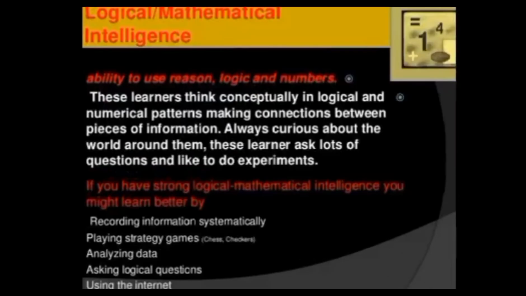Next is logical or mathematical intelligence. Logical or mathematical intelligence is the ability to use reason, logic, and numbers. These learners think conceptually in logical and numerical patterns, making connections between pieces of information.